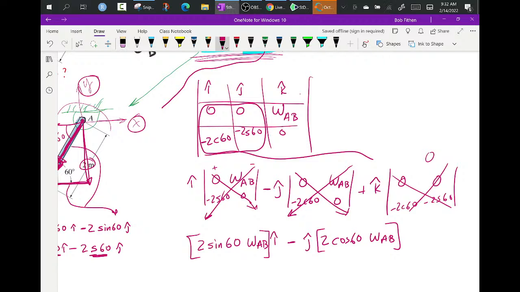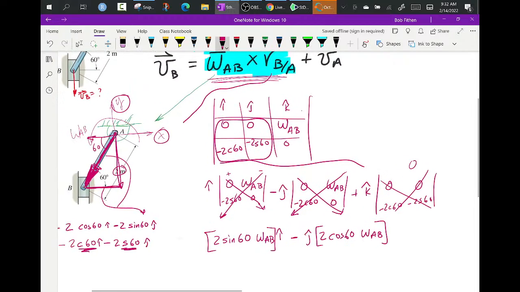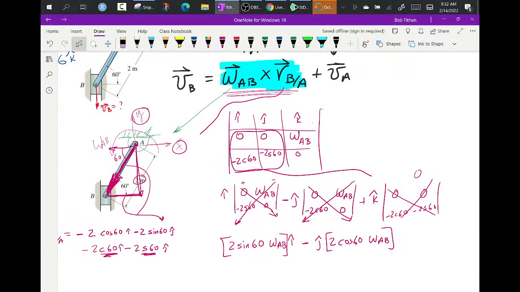So, let's see. Now, I'm going to stop, and I'm going to make sure that this makes sense. And here's how I'm going to do this. I'm going to go back to the drawing. I'm going to get rid of as much of this mess.